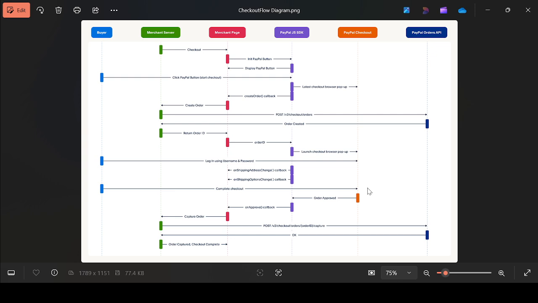Then after that, PayPal order approves and invokes a function like approve, which is then a response to the merchant page, the application, to capture the order.